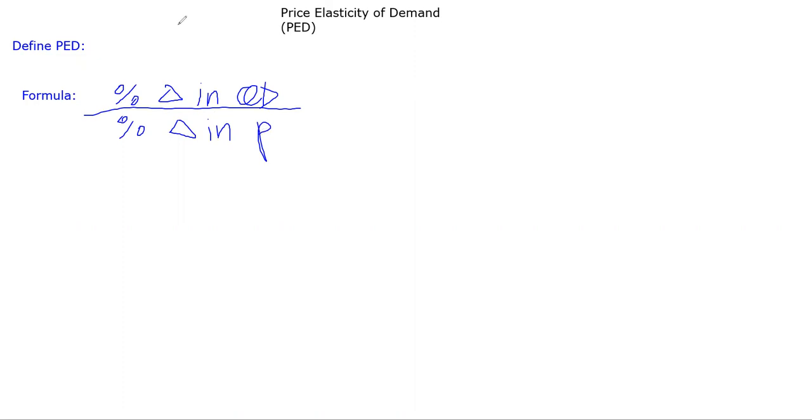If you want to define it, then all I do is say PED is a measure of the responsiveness of a percentage change in quantity demanded to the percentage change in price, so basically your formula in words.